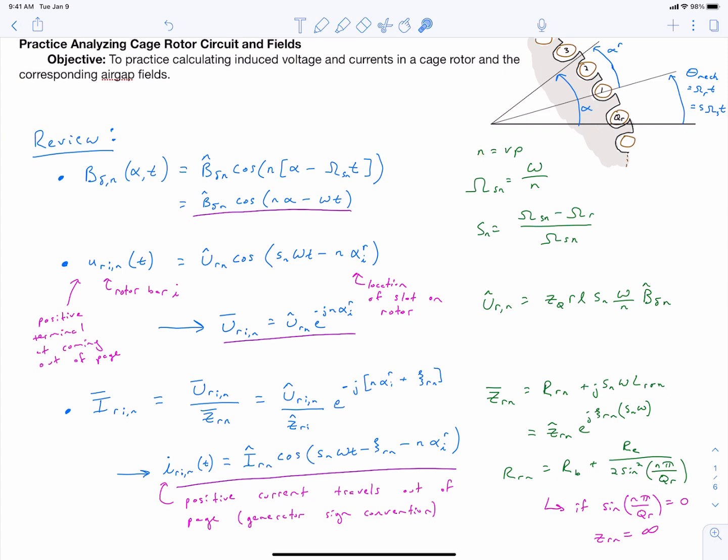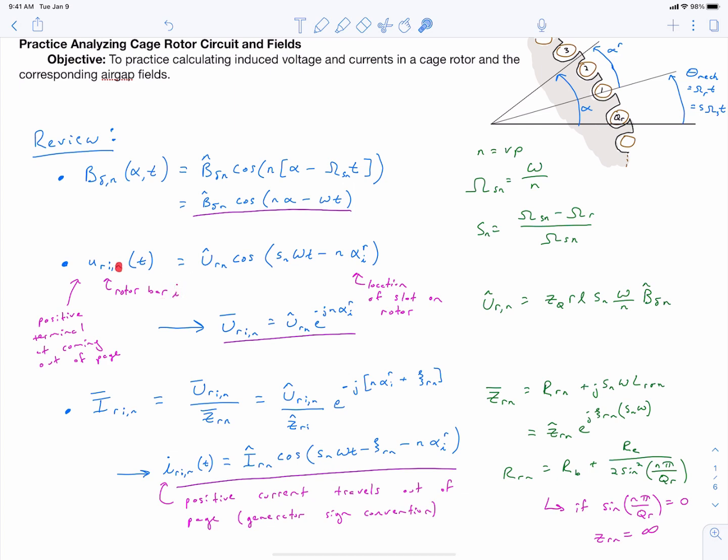We've derived in a previous video how we can get the voltage that is in any slot of our rotor, and we denote this in the time domain as a lowercase u, subscript r for rotor. I indicates the rotor bar number that we're interested in, so that's 1, 2, 3, 4 all the way around to QR rotor bars, and a rotor bar current.